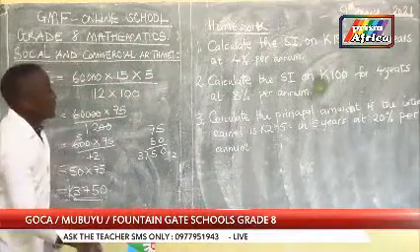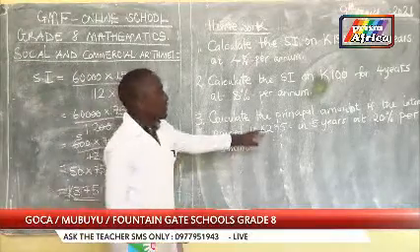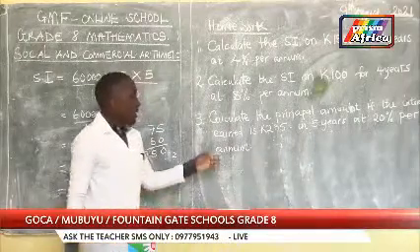Okay, so calculate the principal amount if the interest earned is 275 kwacha in 5 years at 20% per annum.